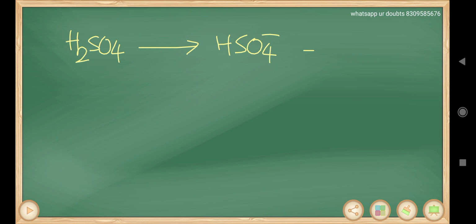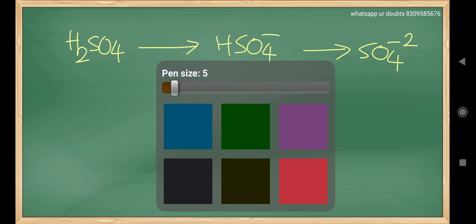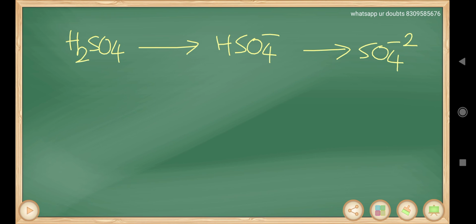But your questions will be like this also. See, H2SO4 is converted to HSO4 minus, which is converted to SO4 minus 2. If this is asked, what is the equivalent mass here? Actually, this is an interesting question. Here you see, equivalent mass is equal to molecular mass by 1 because only one proton is displaced.